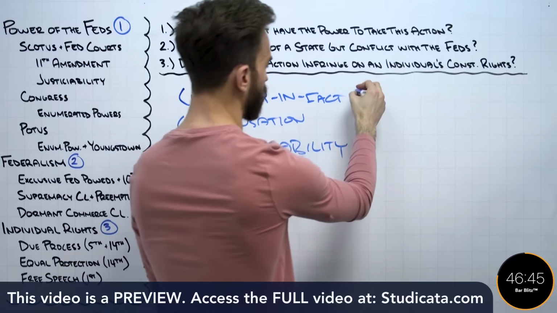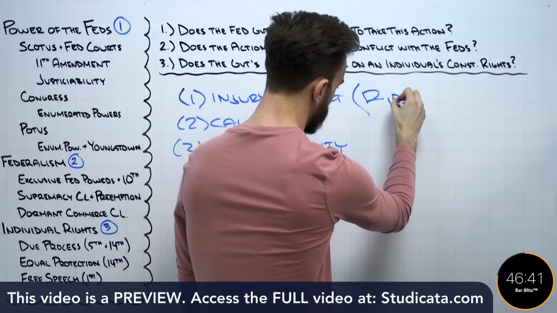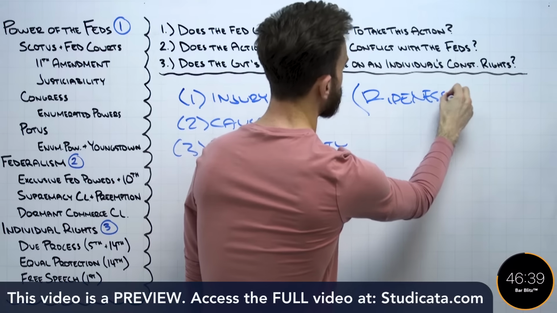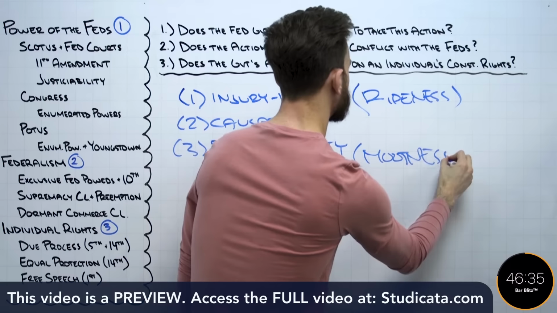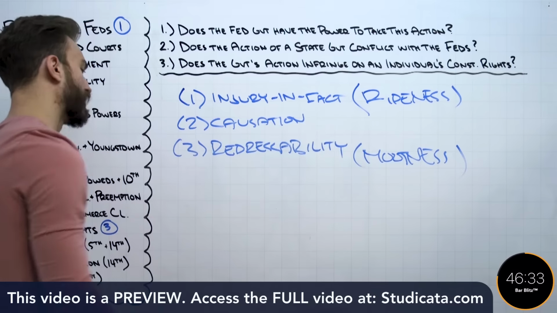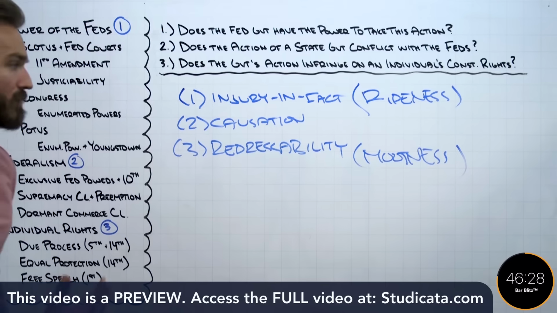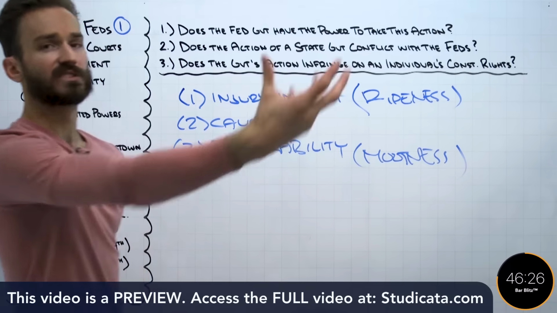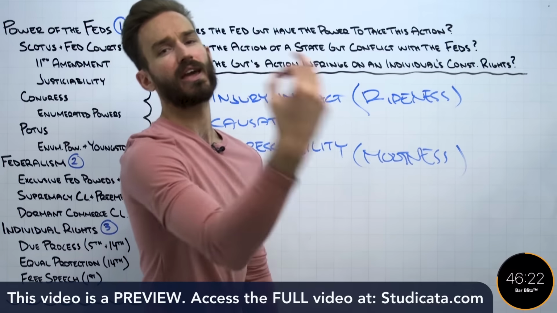Injury in fact is really also related to our ripeness doctrine. Here we're thinking ripeness, here we're thinking mootness. You can just write it all up. These are all the hot button words you'd want to think about on the bar exam. So common instances where a plaintiff is bringing an action but they haven't sustained an injury would be laws that are created but not really enforced.